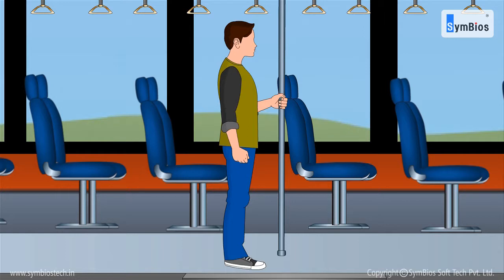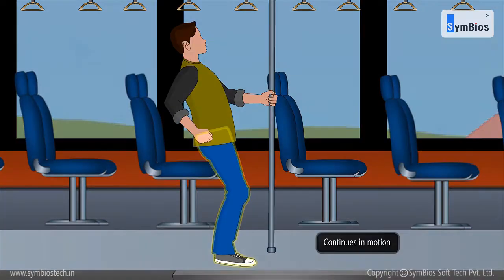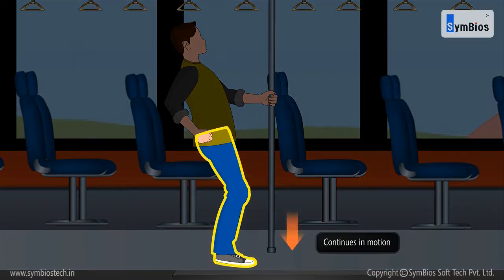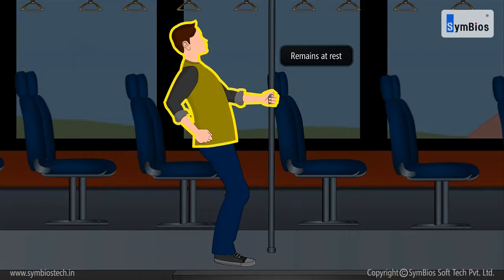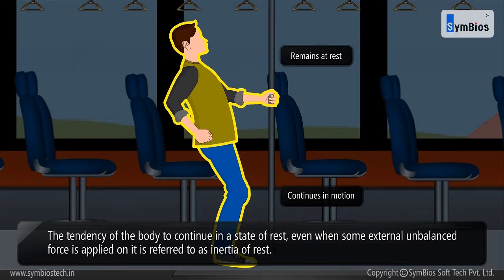This happens because the passenger's lower body part, being in contact with the floor of the bus, comes in motion along with the bus. On the other hand, the upper part of their body remains at rest. This tendency of the body to continue in a state of rest even when some external unbalanced force is applied on it is referred to as inertia of rest.